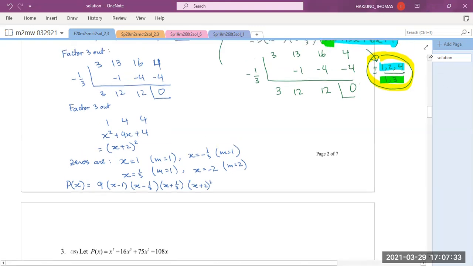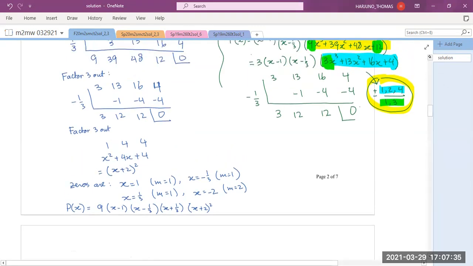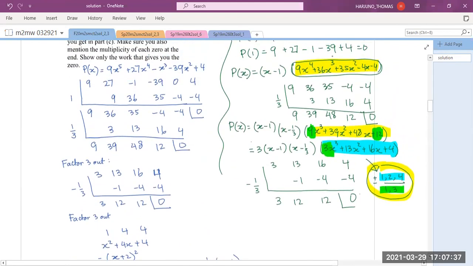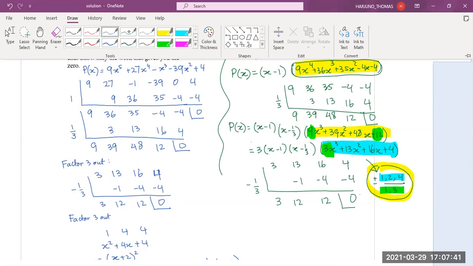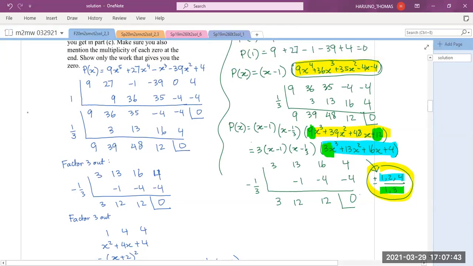If we try to trace back, look back here, once we factor x minus 1 out, then we get x minus 1 times 9x to the 4th plus 36x cubed, blah, blah, blah, from here.